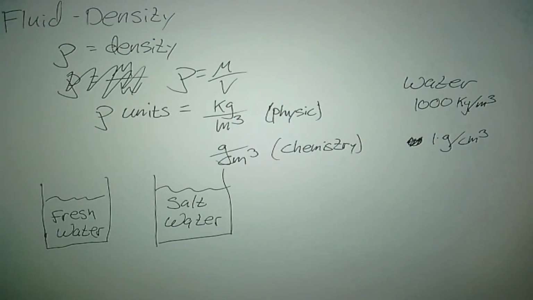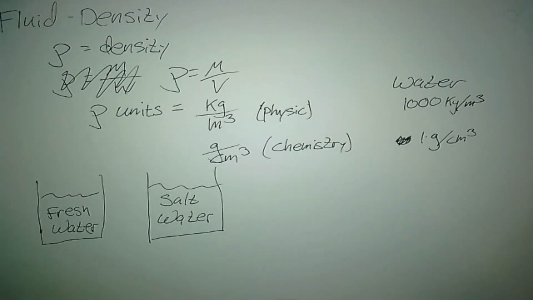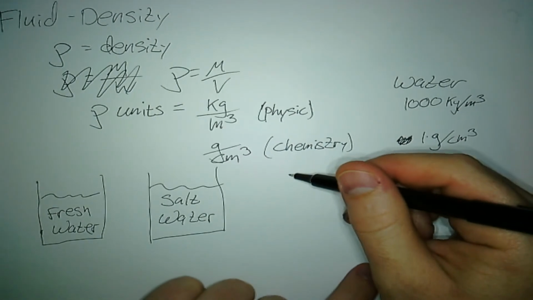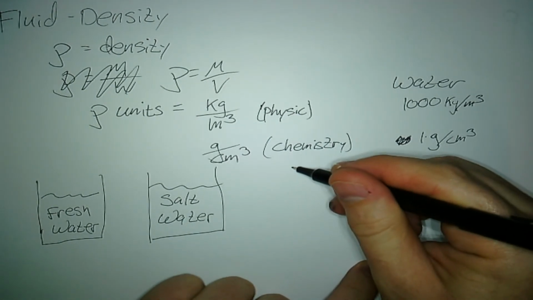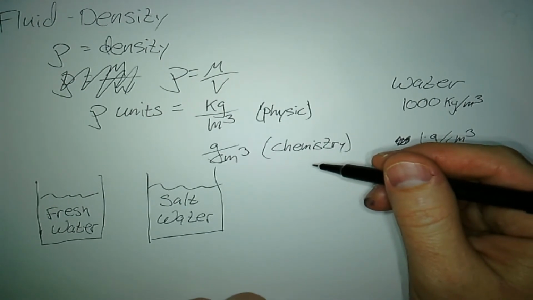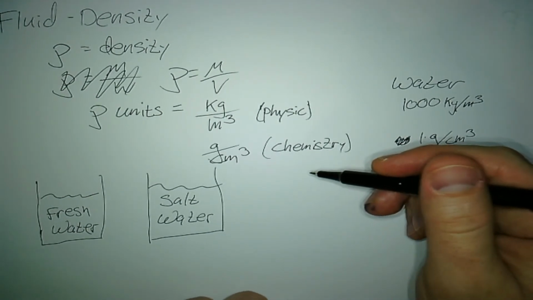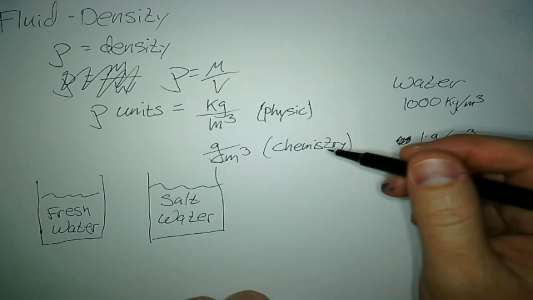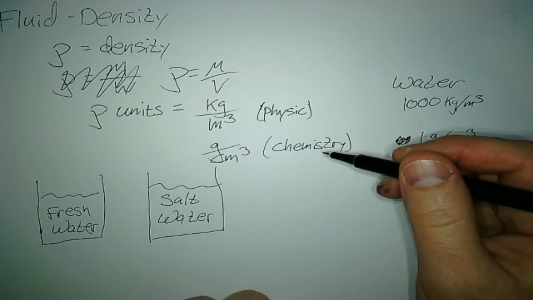How can I figure out which one's more dense? The tools you have are going to be a spring scale, which you can hang a mass from to determine the weight, or not the weight exactly, but the net force pulling down on the spring.